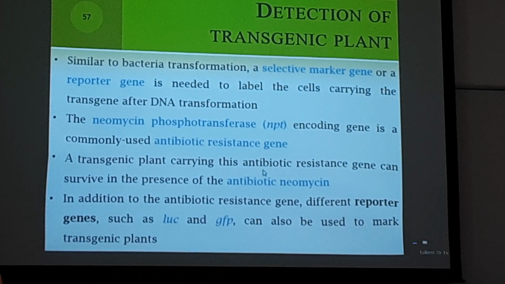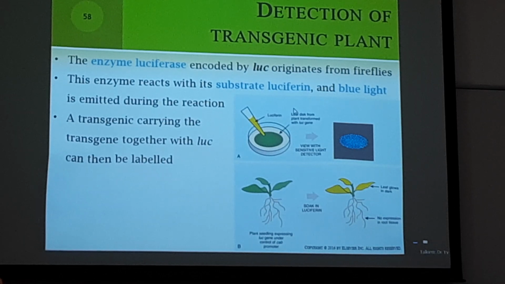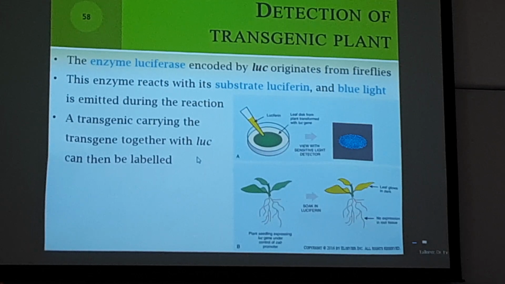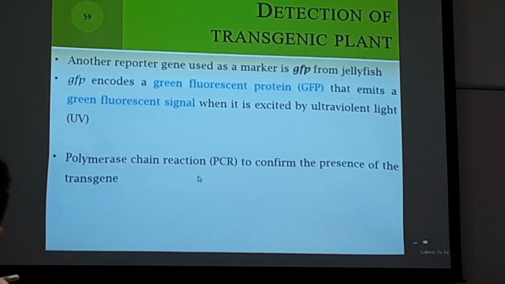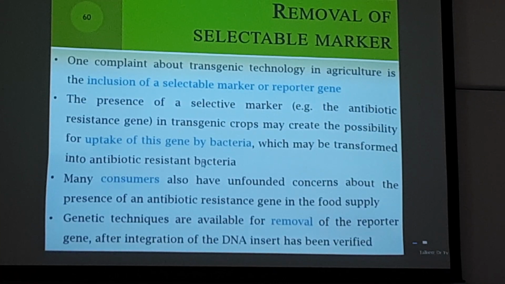Some examples are green fluorescent protein, blue light, something like that. Make sure you can name a few examples here, for you to detect the transgenic plant cell. Or you can also use PCR or sequence the whole thing to find whether the new gene is inserted or not. So there are always many options.